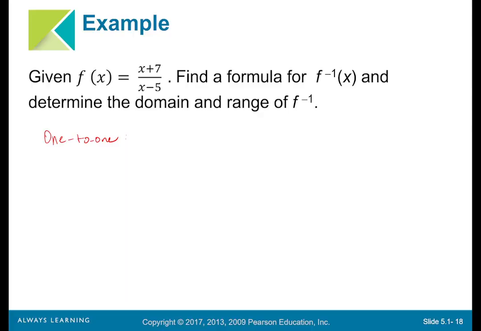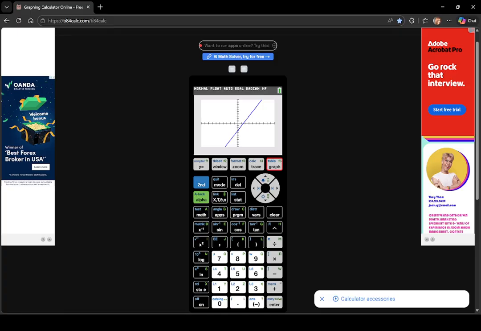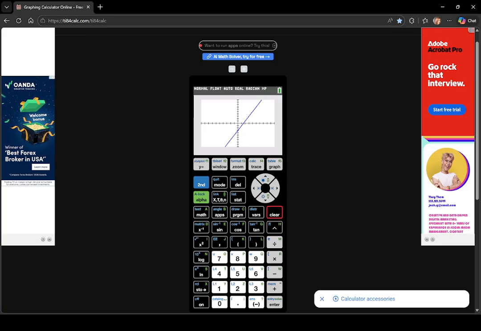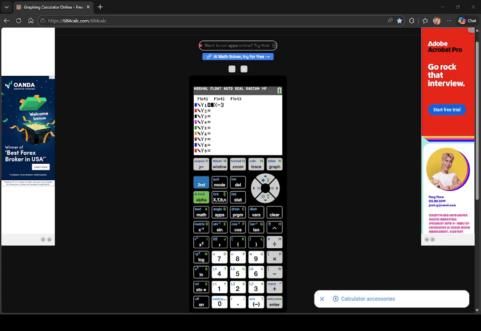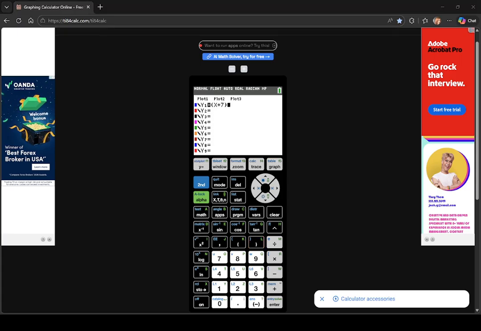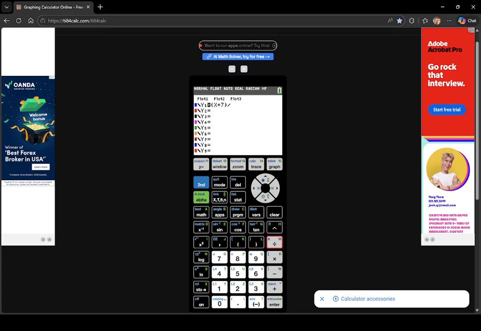So going back to our calculator now, and we go to our y equals, and it is x plus 7, we've got to use parentheses, x plus 7, close parentheses, divided by x minus 5. Again, make sure you use parentheses here.